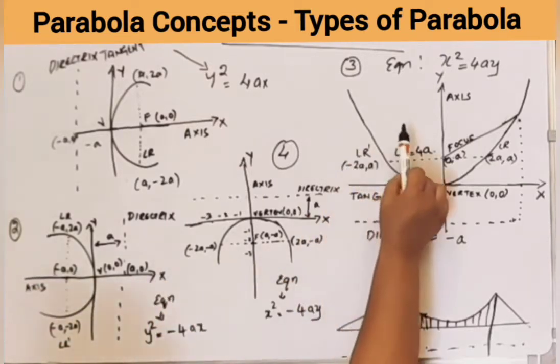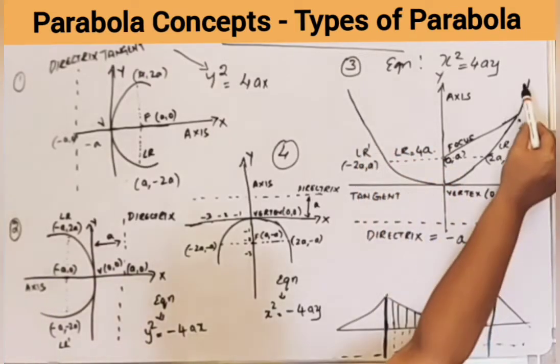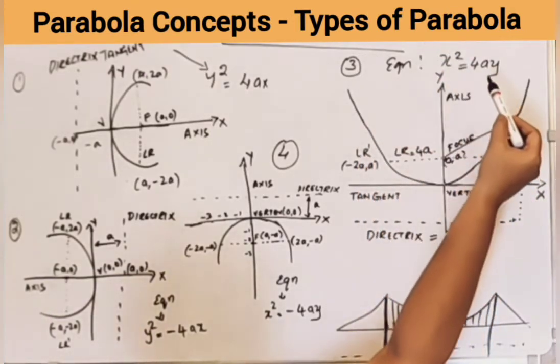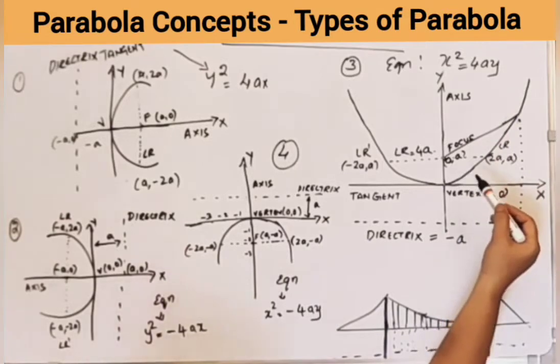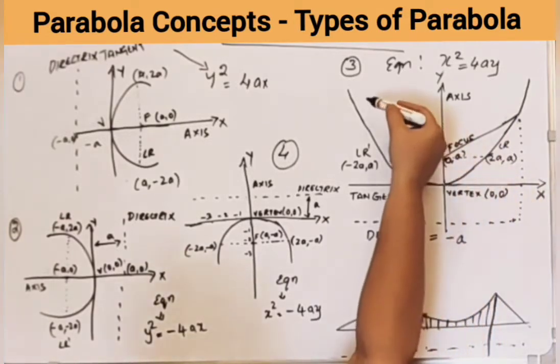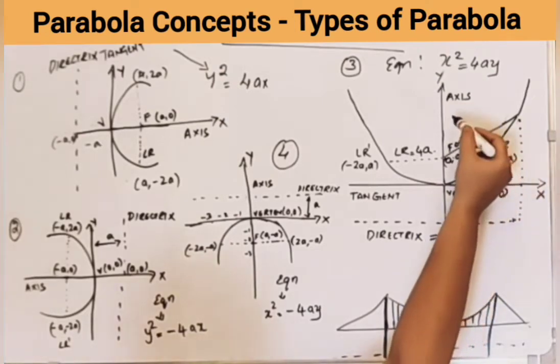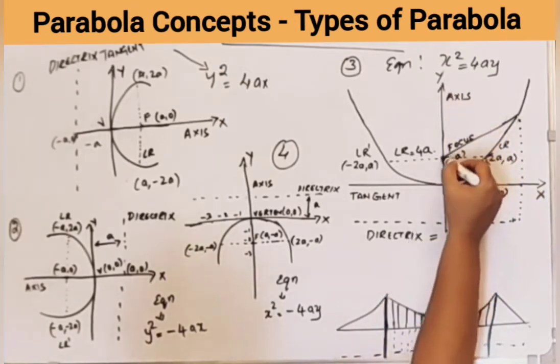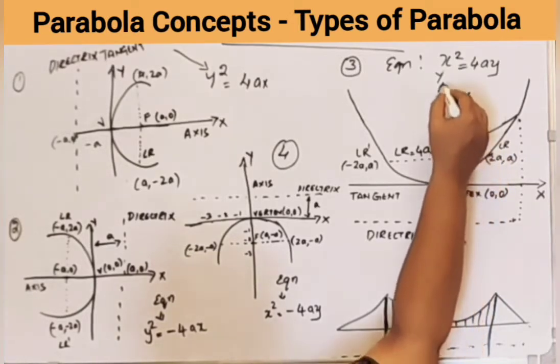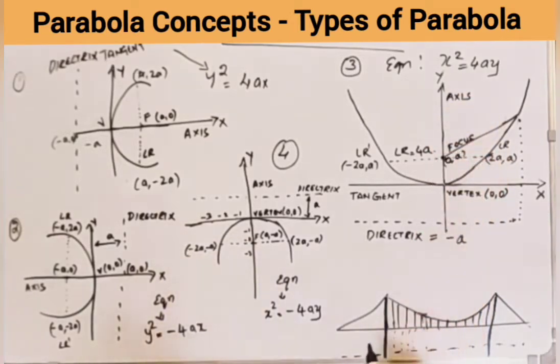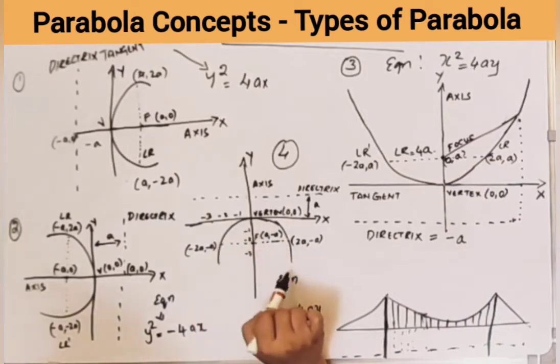Now the third type of parabola is the upward parabola, because the opening is on the upward side. If you look at the quadrants here, it's in the first and second quadrants, right? And the axis is the y-axis, because the focus is inside the parabola, which lies on the y-axis. The fourth type of parabola is the downward parabola.